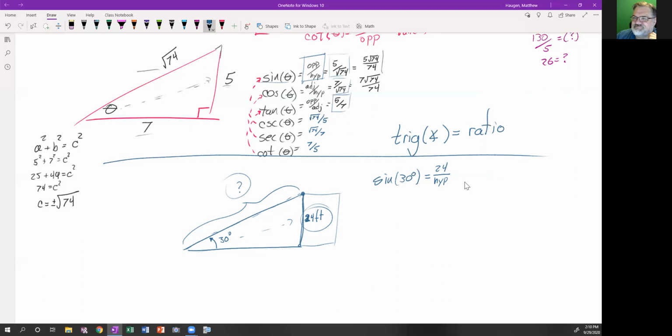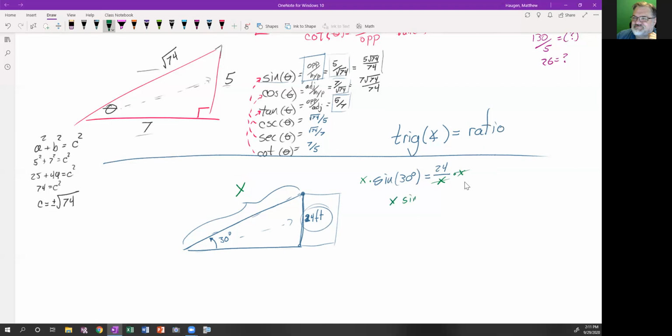But we can solve this equation for that hypotenuse. I'm just going to call this x for ease here. If we want to solve that for x, multiply both sides by x, because having what you're solving for in the denominator is problematic.